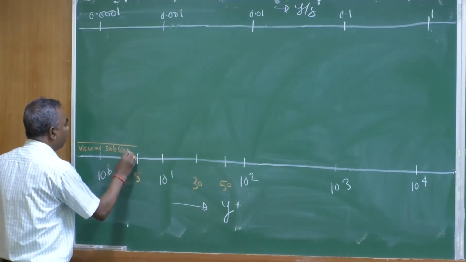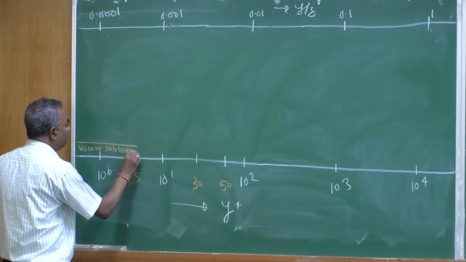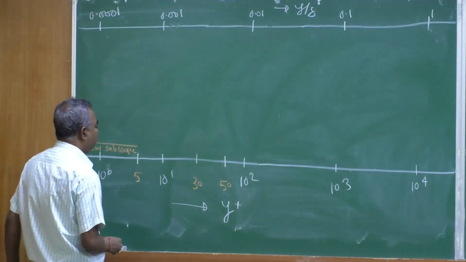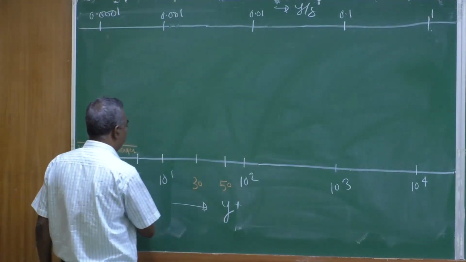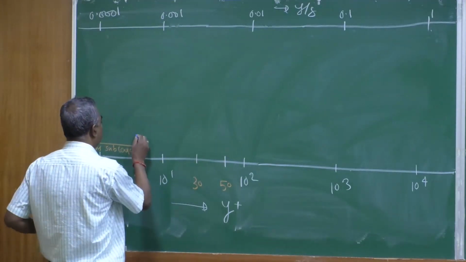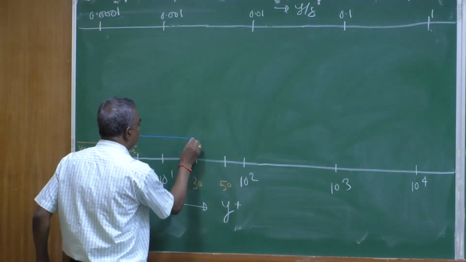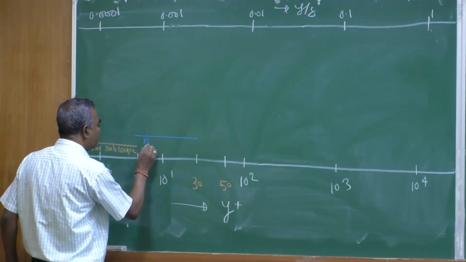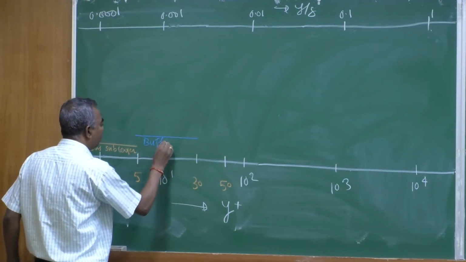This is your viscous sublayer. Then your buffer layer, let me use some other color. So, this is y plus 30, so y plus 5 to y plus 30. So, this is your buffer layer.